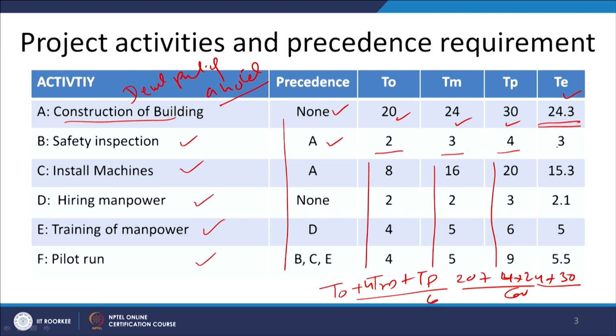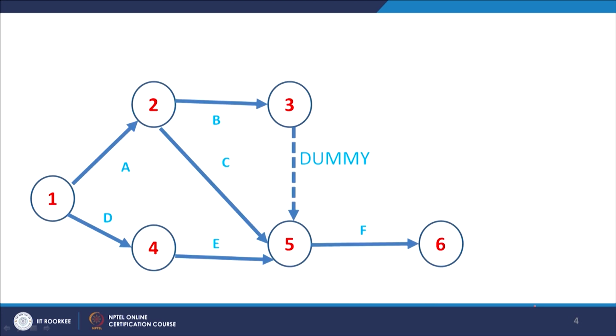Then the expected time is 3 for activity B, 15.3 for activity C, 2.1 for activity D, and for E and F it is 5 and 5.5 respectively. So, we basically calculate these expected time values, and now we have to develop the network diagram based on this.